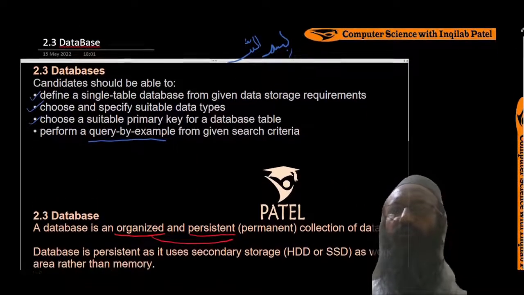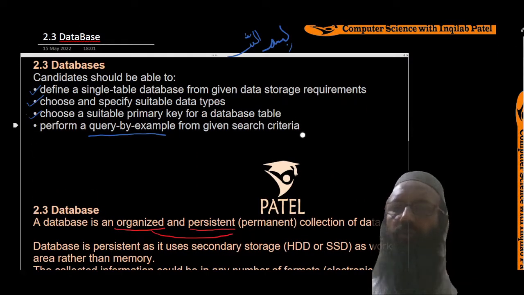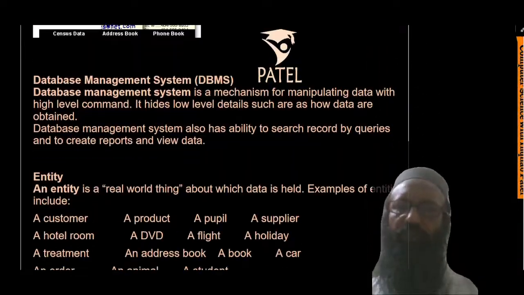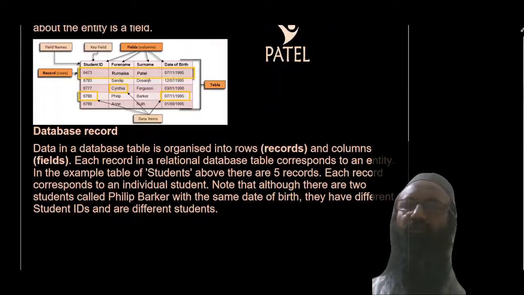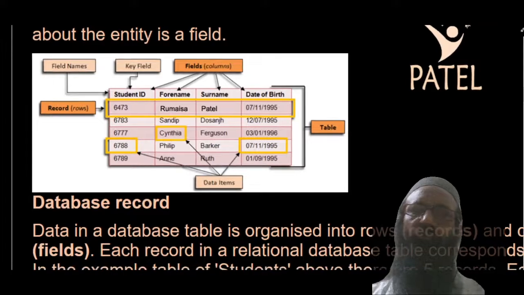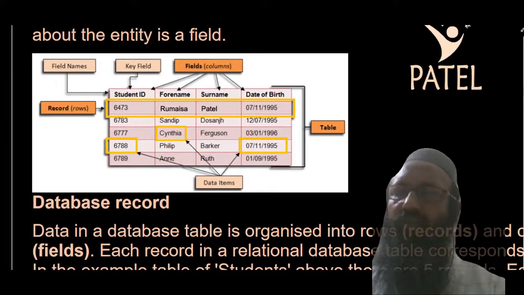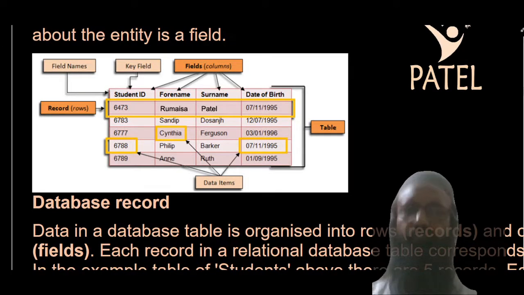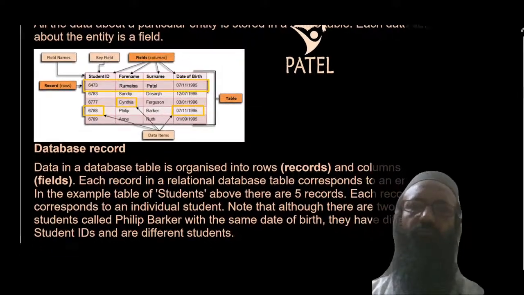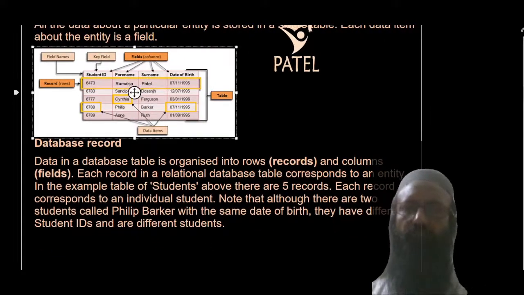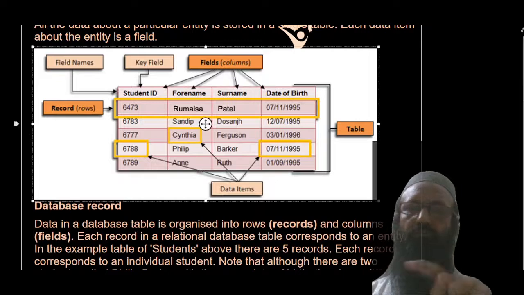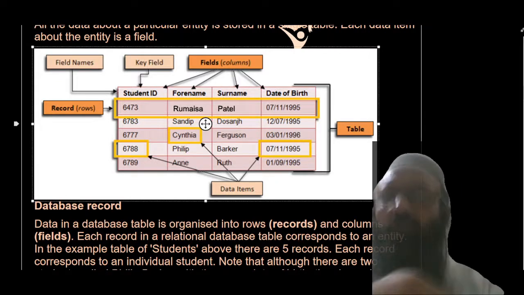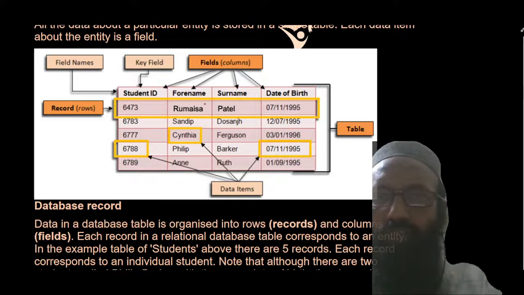Our second topic is to specify a suitable data type. Here is an example of a database. You may observe that in this example, these are single pieces of data.